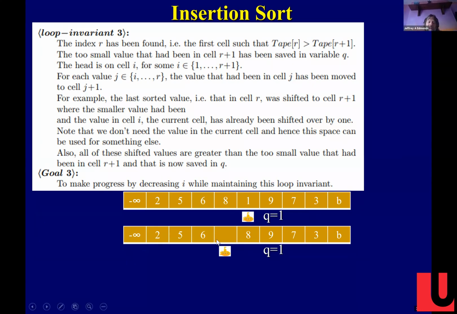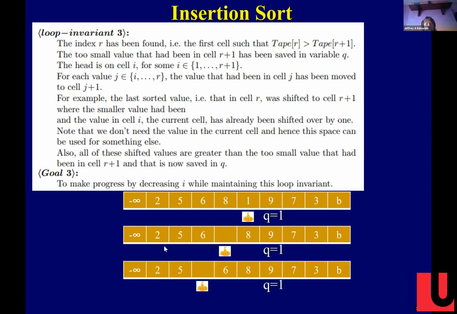And all the values to the right have been shifted, right? Here, the 1, we read the 1 in, and so that left a space here. The 8 moved over to that space, and it left a space here. Does that make sense?